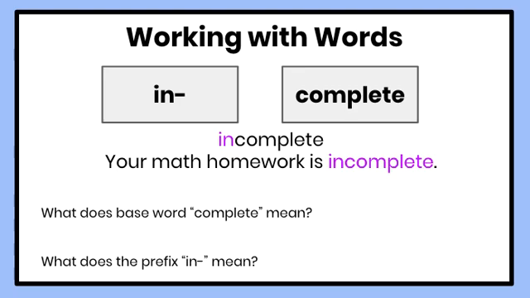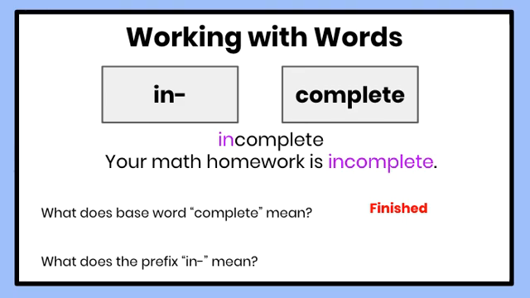So what does that mean, incomplete? That's right, that it's not finished. If someone says to you, your math homework is incomplete, that means that it is not finished. So our base word, complete, means that it's finished, to finish something. If I completed my math homework, I finished my math homework.